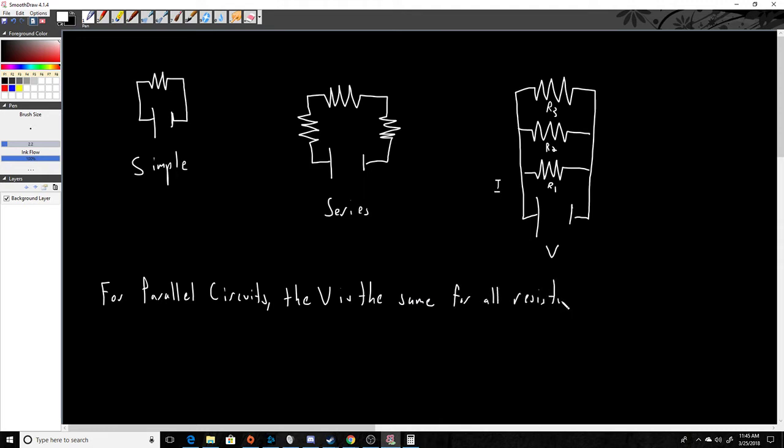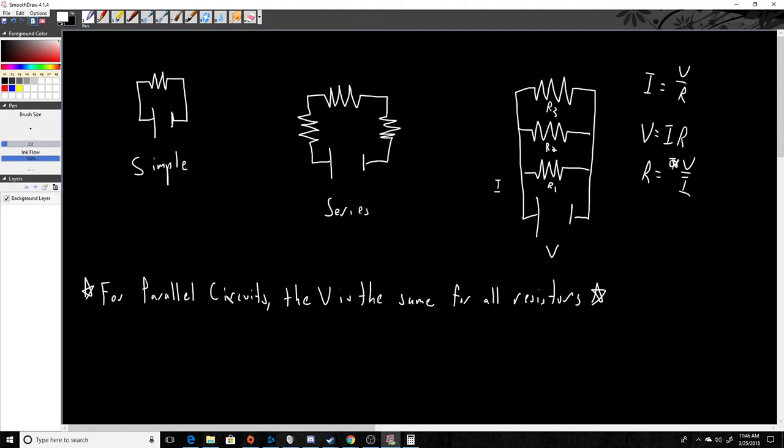Because keep in mind, for circuit analysis, everything needs to come back to I equals V over R, or V equals I times R, or R equals V over I. Everything's going to boil down to Ohm's law at some point.